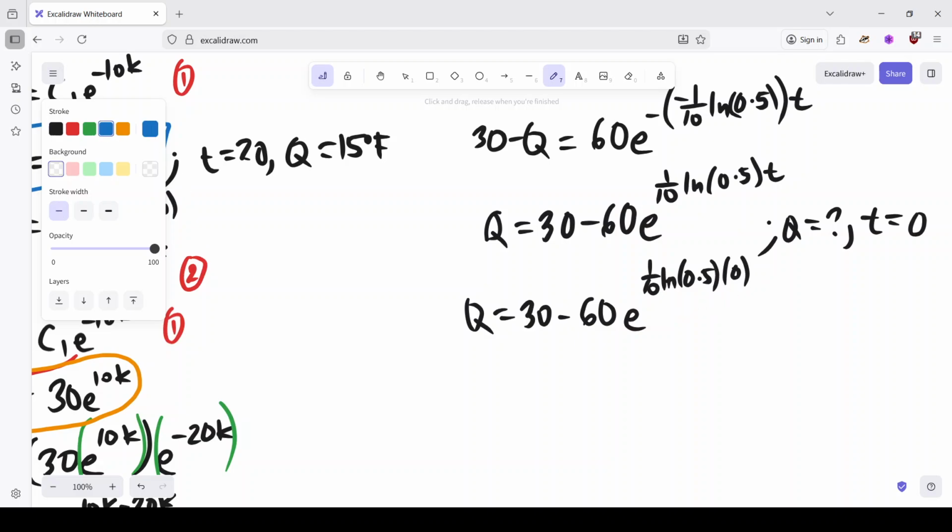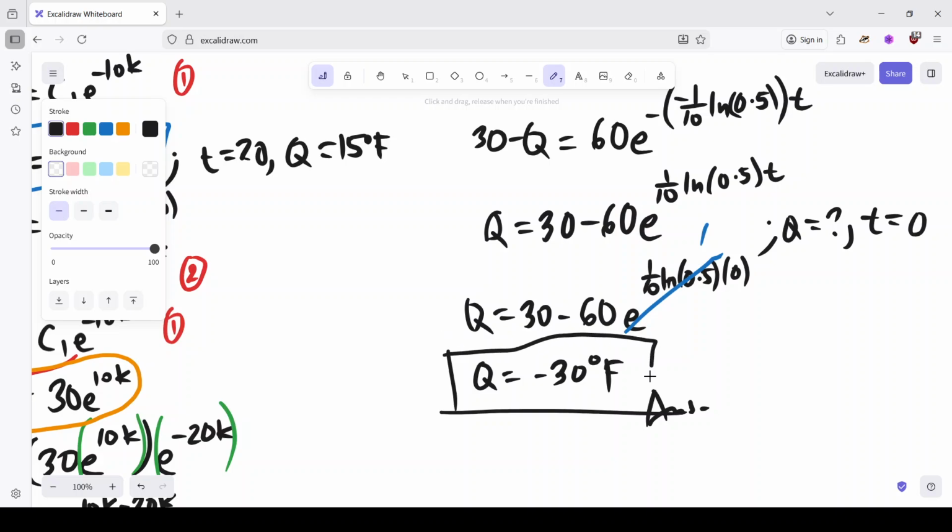Then e raised to 0 will be equal to 1. Therefore, q is equal to negative 30 degrees Fahrenheit. So this will be our initial temperature. That's it for this problem. Again, part 2 of Newton's law of cooling. See you in the next video.